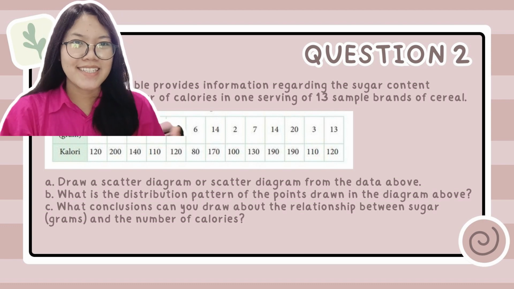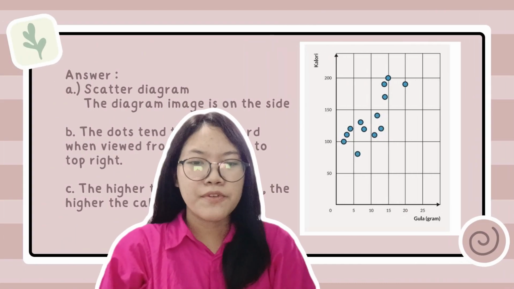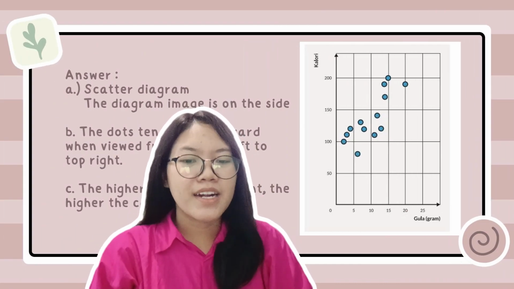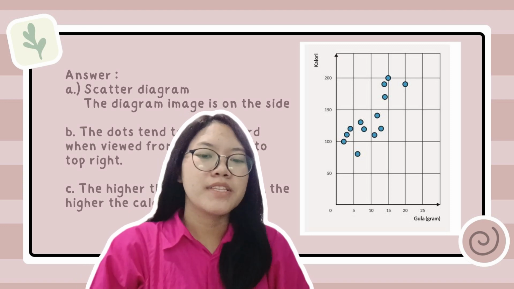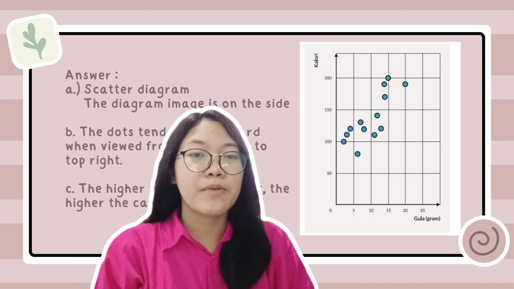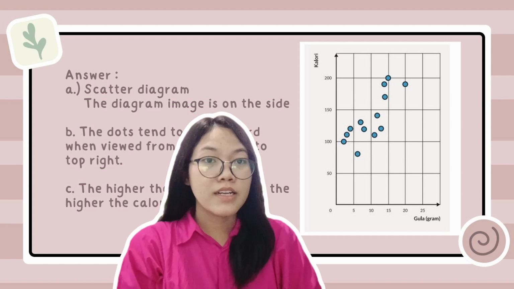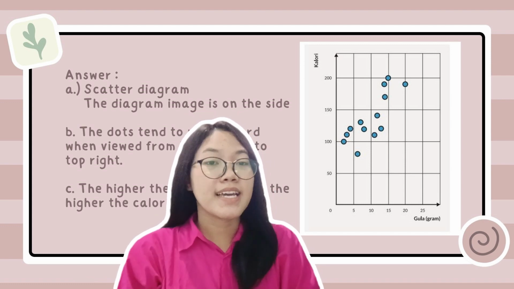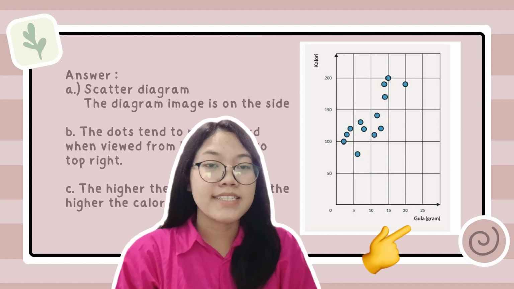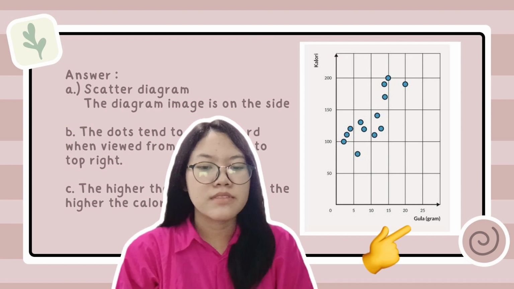So, let's discuss it. Okay, for point A, when we are asked to draw a graph, first we draw the x-axis and y-axis. Then, from our problem, let's say y is calories and x is sugar in grams.